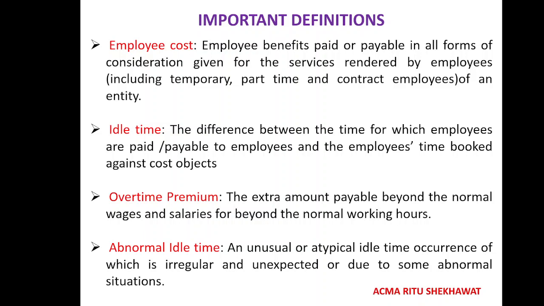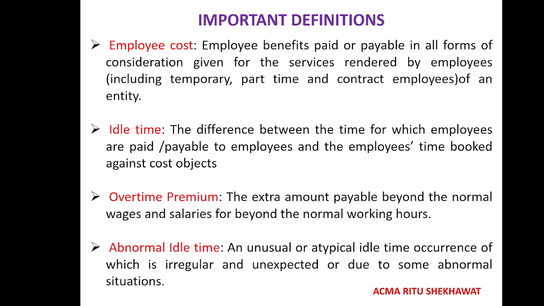Next is idle time. Idle time is when the employee is sitting free and we are paying him for that also. Idle time can be of two types: normal idle time and abnormal idle time. Normal idle time is like breaks for food, lunch, tea time, freshening up, and we pay for that. Abnormal idle time happens suddenly, like a machine breakdown.